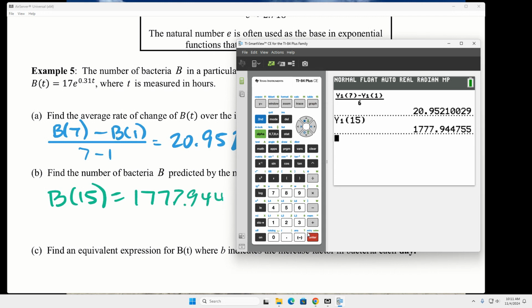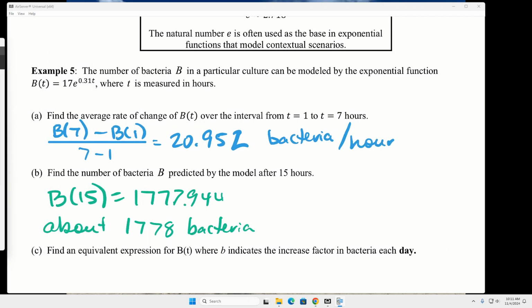But I don't think you can have a partial bacteria. Then I would say, just like with the deer, about 1,708 bacteria. If this was a free response question, there would be a range that you could give that would be acceptable.